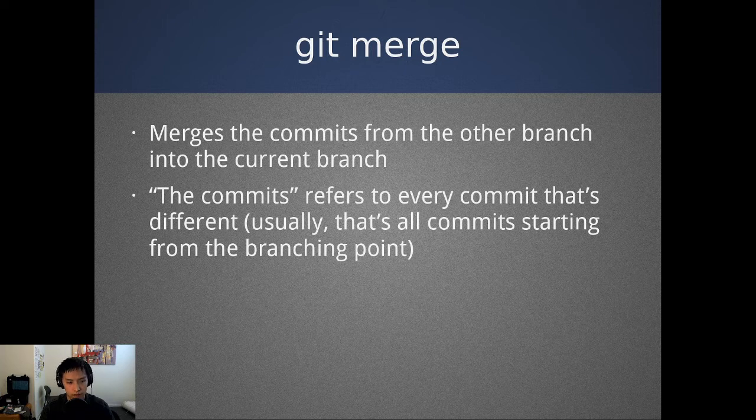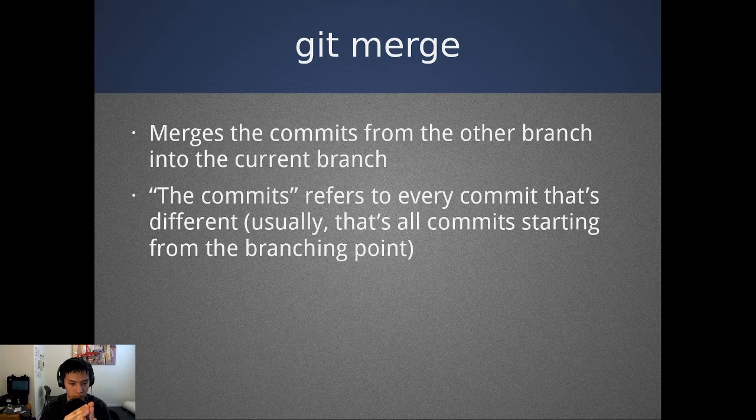And when I say the commits, that means for two separate branches, latest and release, to merge, they would have to have diverged at some point in the past, even if it's from the initial commit. So at some point, git merge joins the two back together again.